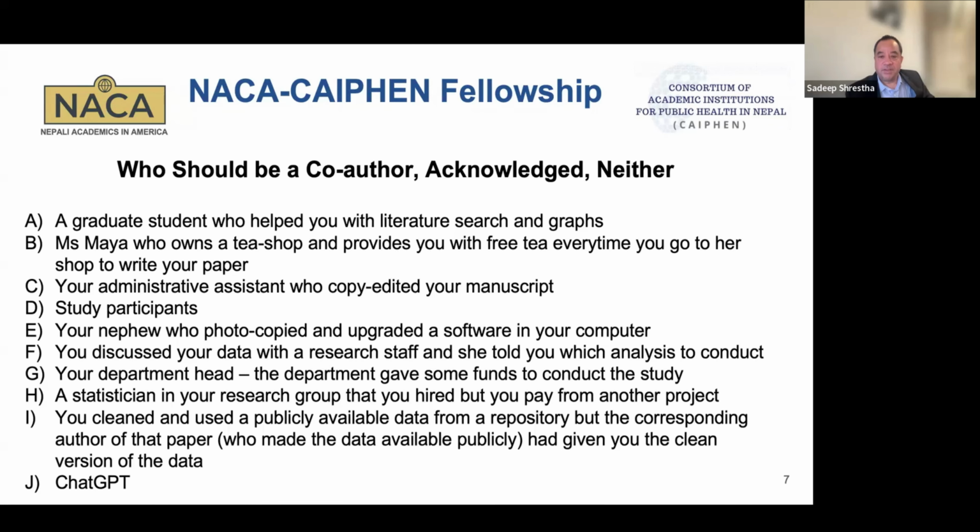Okay. Others? I think it depends upon the level of involvement, like how much they are involved, from little to intense. So we are talking about a literature search. If their involvement is substantial, we need to incorporate them as a co-author. Otherwise, we can acknowledge them.